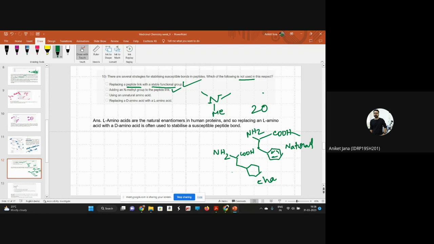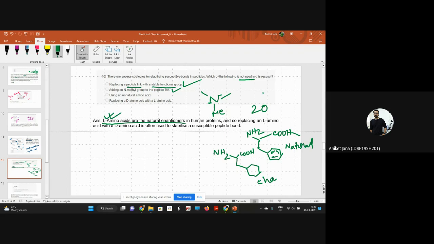So what is not used in this respect? In the last option, it says replacing a D amino acid with an L amino acid. Usually L amino acids are the natural enantiomers. Whatever we use in our synthesis process, they are L amino acids in human proteins.